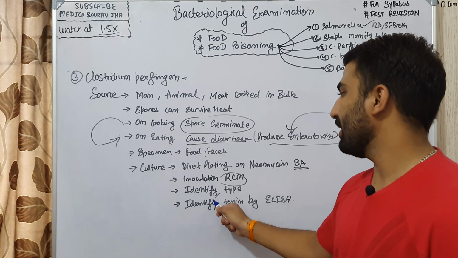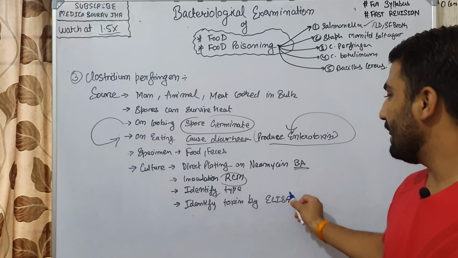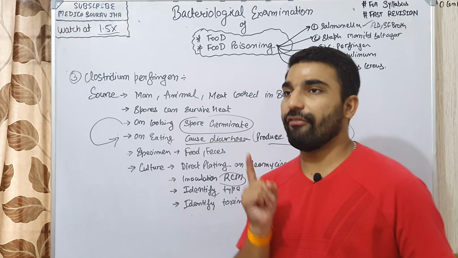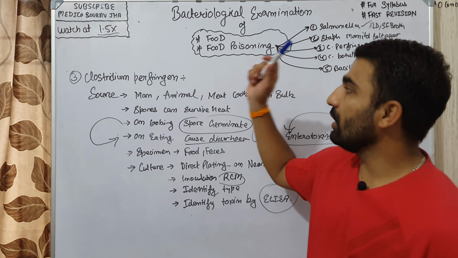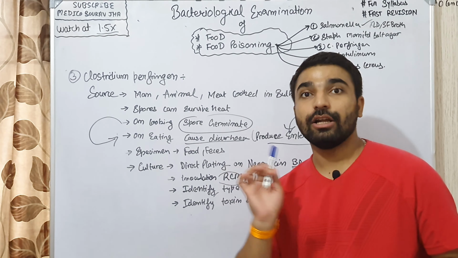Identification and typing must be done, and to identify the toxin, ELISA can be helpful. Which toxin is causing Clostridium perfringens food poisoning? ELISA can help to identify that toxin.